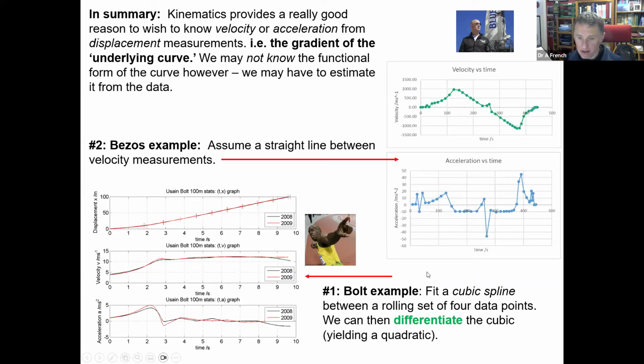So in the Bolt example, we fitted a cubic spline, and we can then differentiate the cubic to yield a quadratic and integrate the cubic to get a quartic. Or in the Bezos example, we just did a straight line between velocity measurements, and that's how we got acceleration. You can make things a bit more sophisticated, but you might not actually get much more data. If you had a really high data rate, just doing rise over run between points is going to be fine.